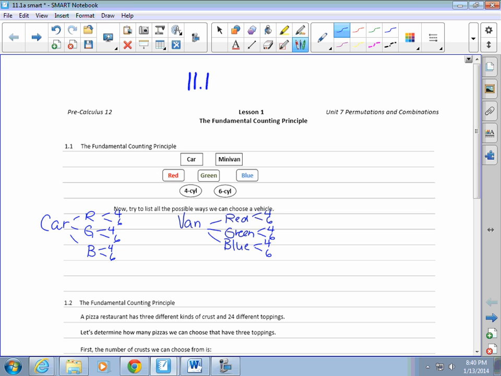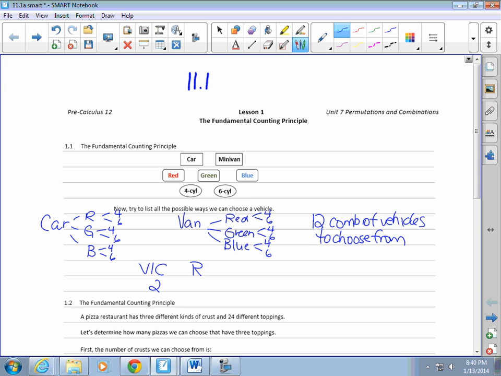So if I take a look at this, I've got a total of 1, 2, 3, 4, 5, 6, 7, 8, 9, 10, 11, 12 possible combinations of vehicles to choose from. If I break this down a little bit further, my first option was that I had to choose between a van or a car. So that was 2 choices. The next thing was my color.